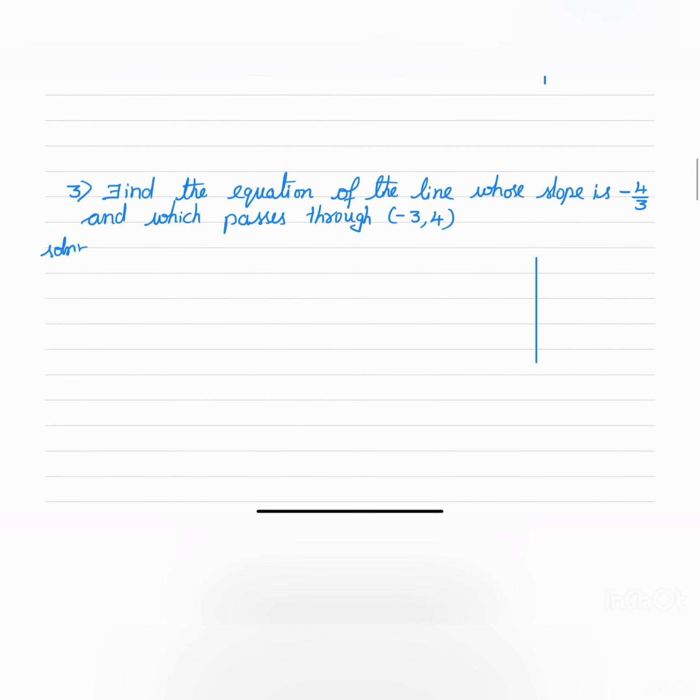Now the third one. Find the equation of the line whose slope is minus 4 by 3 and which passes through (minus 3, 4). We have a point and we have the slope. P of (x1, y1) is equal to (minus 3, 4), and the slope they have given is minus 4 by 3.